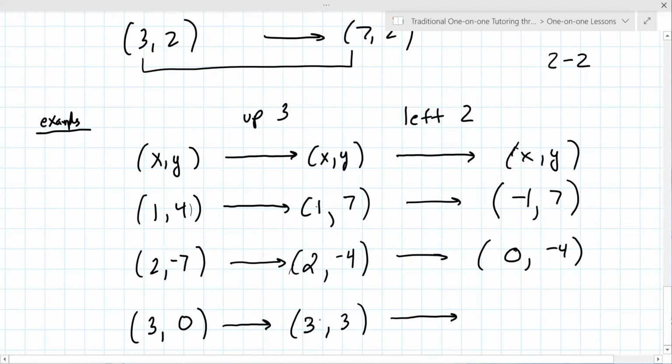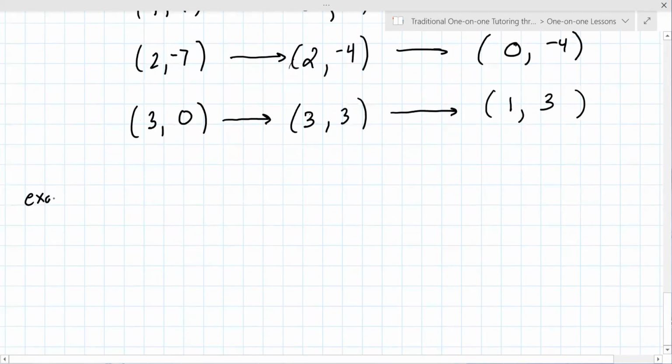Now this first number X, you have to subtract 2. What is 3 minus 2? 3 minus 2 is 1. Very good.